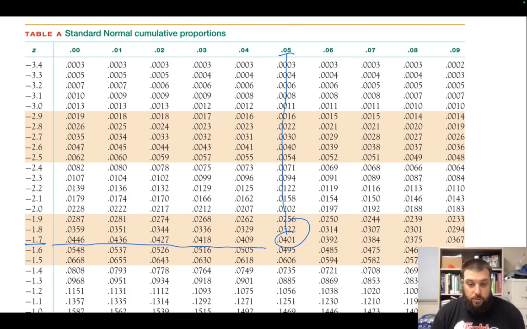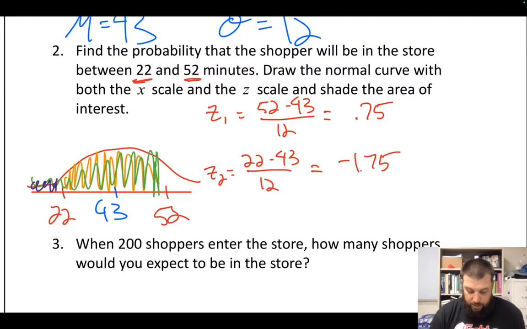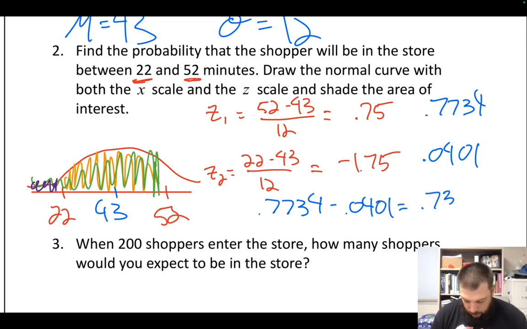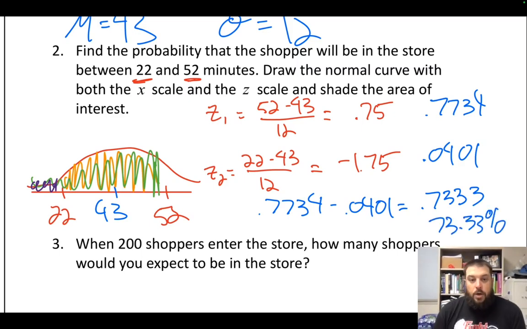So we'll take both those values back, subtract them, and that'll give us the percent in between what we need. So we had 0.7734 and 0.0401. And we get a final answer, 0.7333, or 73.33% probability that a shopper will be in the store between 22 and 52 minutes.